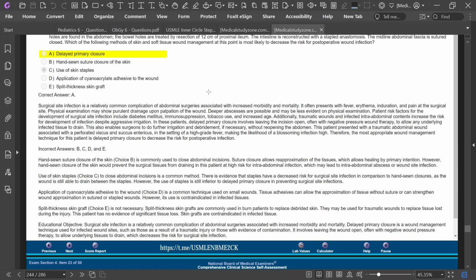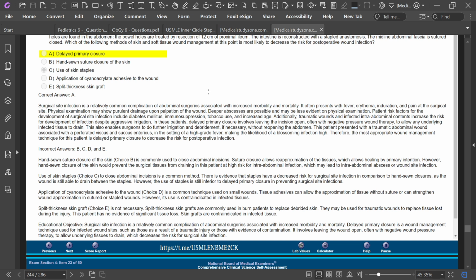However, hand-sewn closure of the skin would prevent the surgical tissue from draining in a patient at high risk for intra-abdominal infection, which may lead to intra-abdominal abscess or wound site infection.